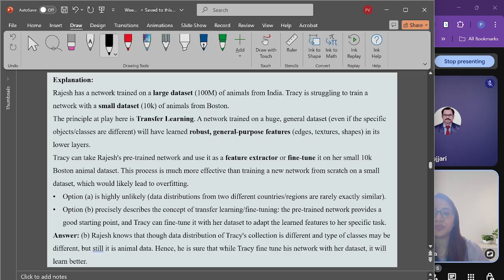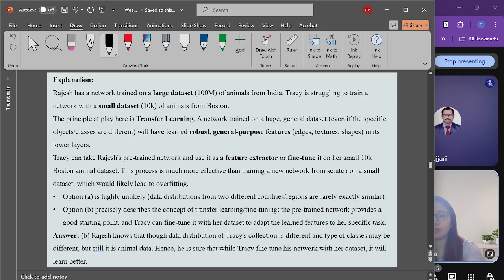Tracy can take Rajesh's pre-trained network and use it as a feature extractor or fine-tune it on her small 10K Boston animal dataset. This process is much more effective than training a new network from scratch on a small dataset, which would likely lead to an overfitting problem.